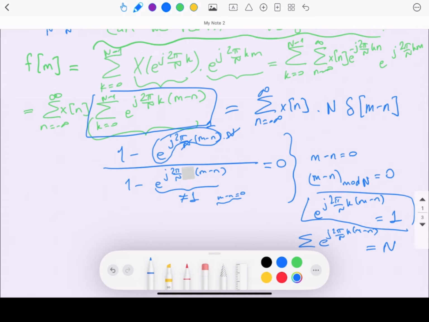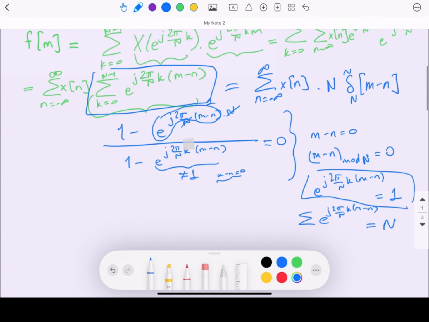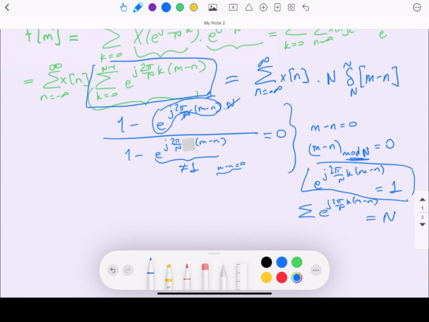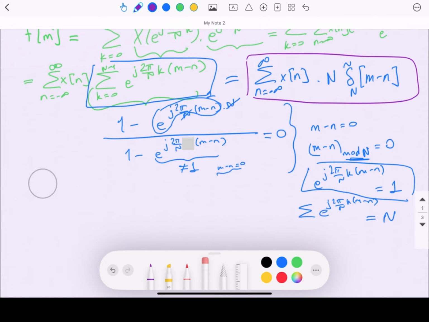And this delta is periodic with N because of this modulo N. So now each term in this summation is 0 except for n equals m or m plus an integer multiple of N, where r is an integer.